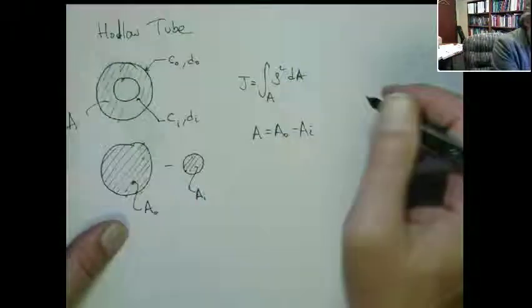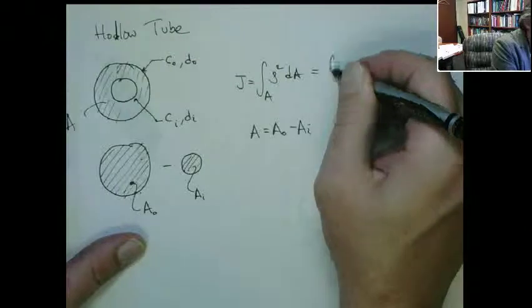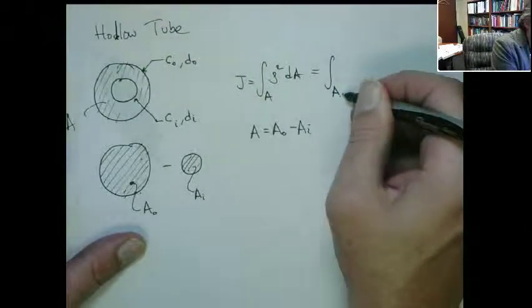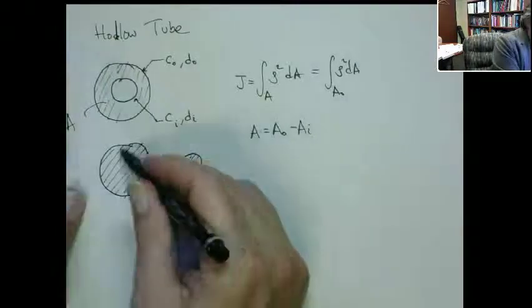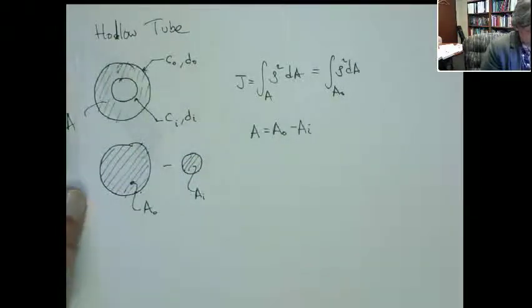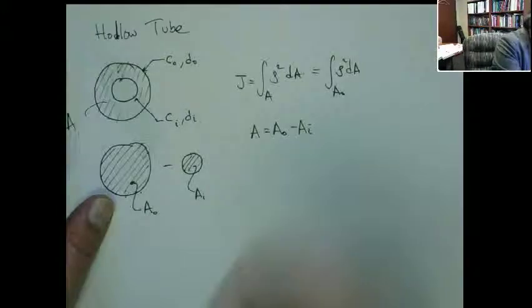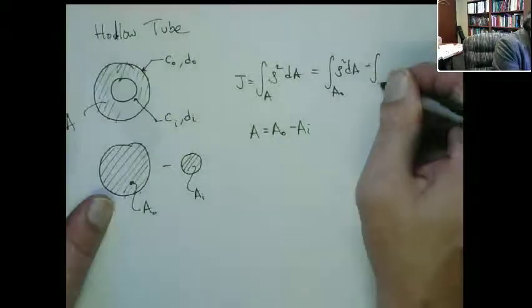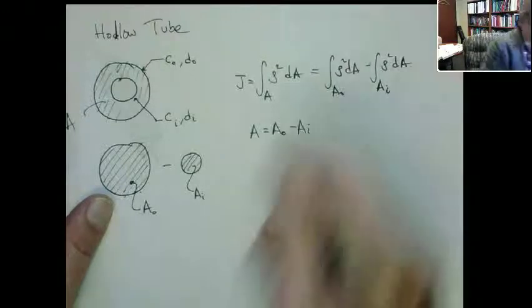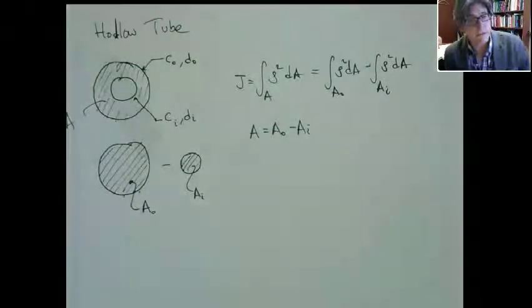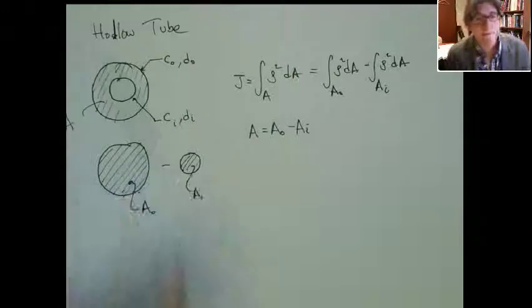So this is the same as forming the integral over the outer area, as if I got J for this outer shape, minus the integral for the inner area. See, I just broke up the integral, right? But I put a minus sign in because this is actually negative.